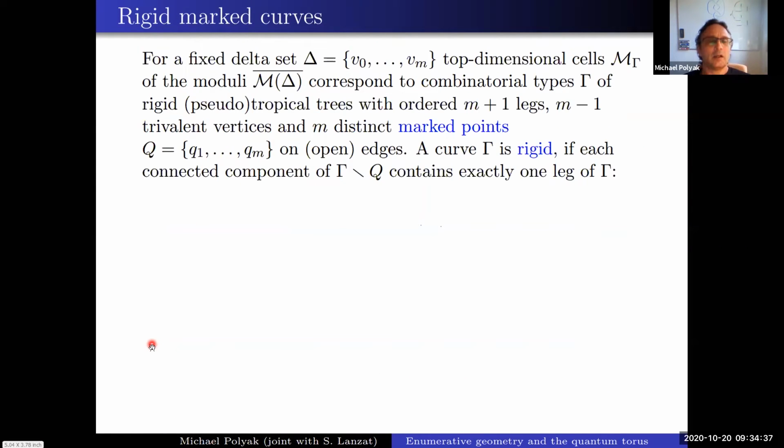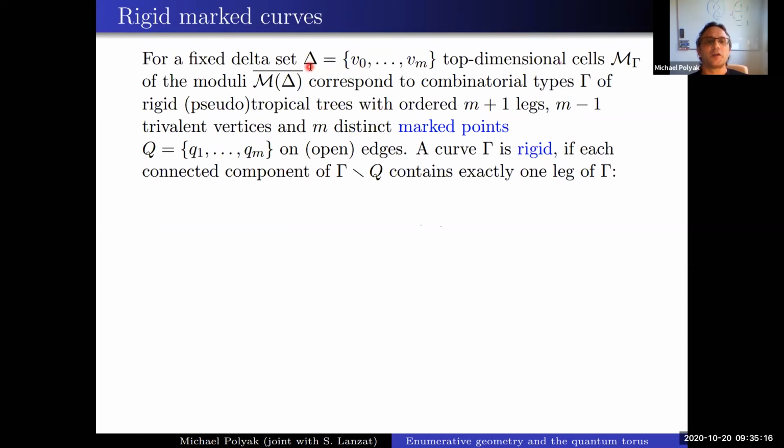Okay, so let me discuss these moduli spaces. I fix the set of vectors which sum up to 0. In a sense, I think about the last, or the first, vector v0 as minus the sum of all the rest. I will think about it as the outgoing leg, or root of my curve, but we'll see about that.